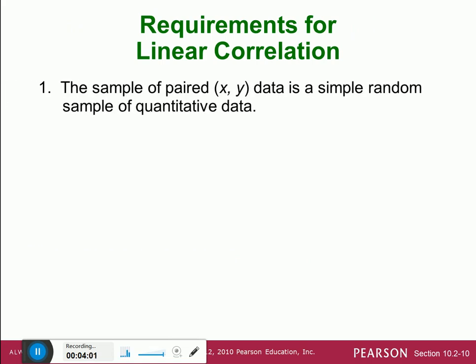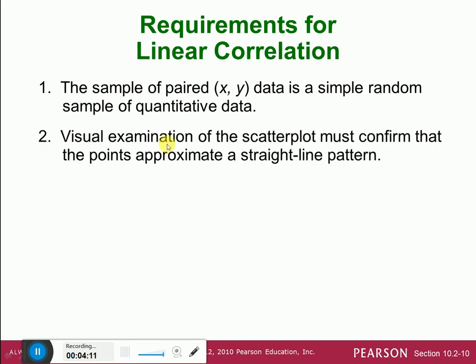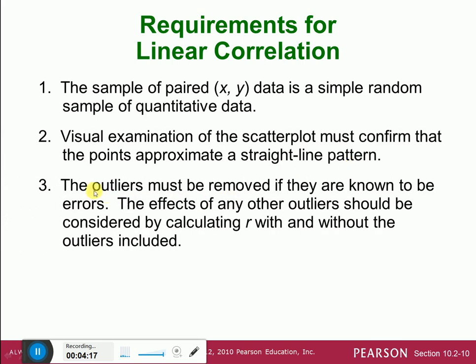There are some requirements for linear correlation. The sample data, the x-y data, must be a simple random sample, and make sure that it follows a straight line pattern, and there should not be any outliers, meaning that all the data points must go together.